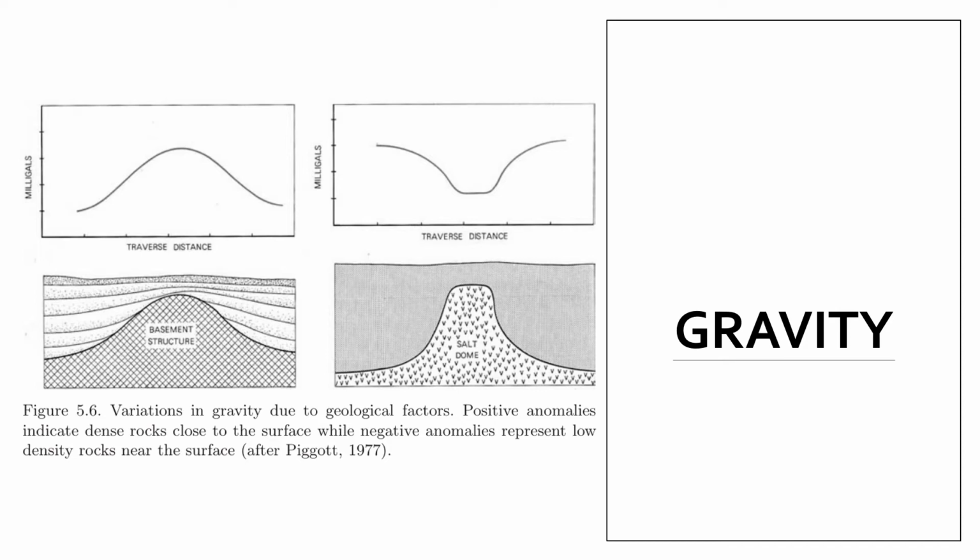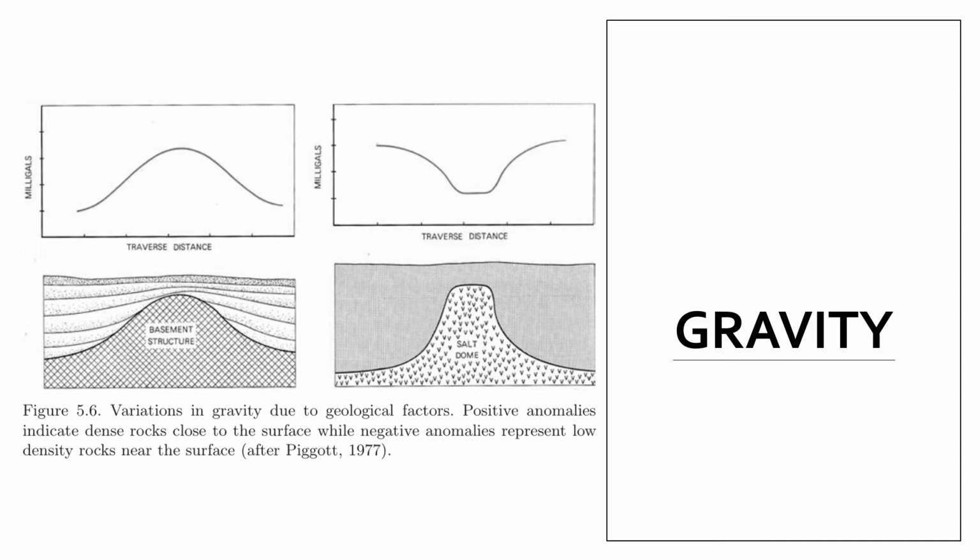Now below is a basement structure, and overlying your basement structure is your sedimentary basin. So you have two sedimentary basins here. And what you can see here in your gravity survey is that while you are over the sedimentary basin area, you are detecting a relatively low gravity, or low density.